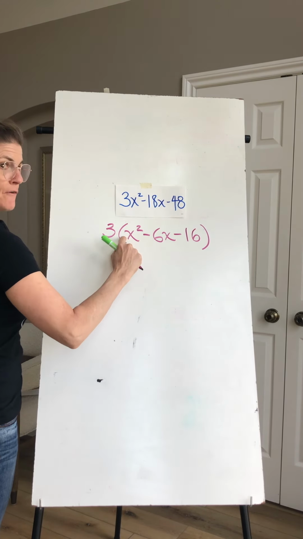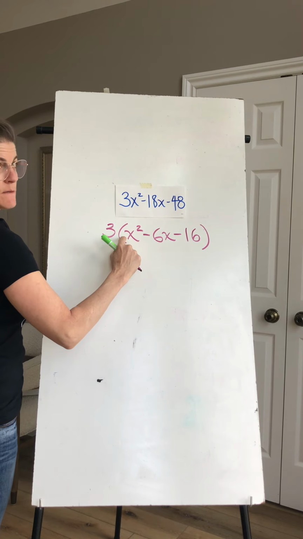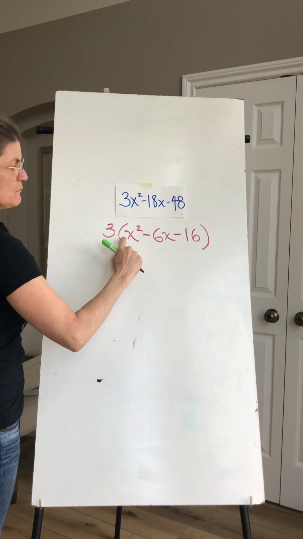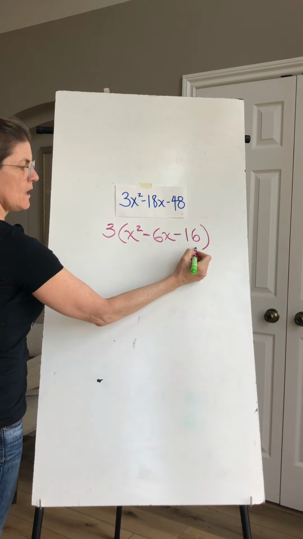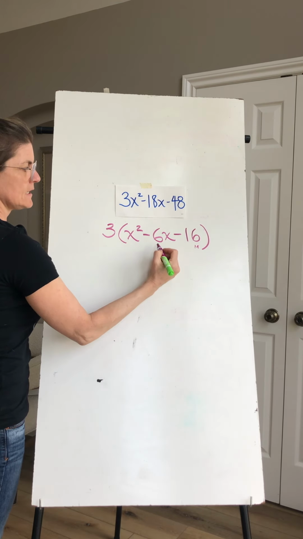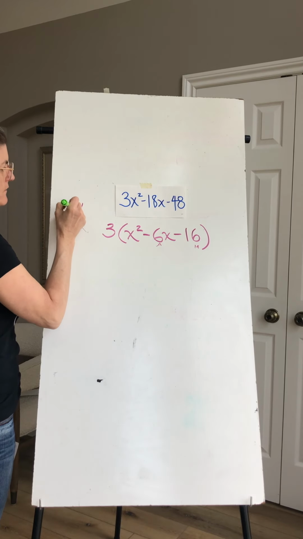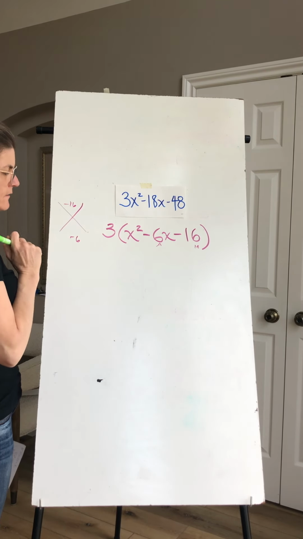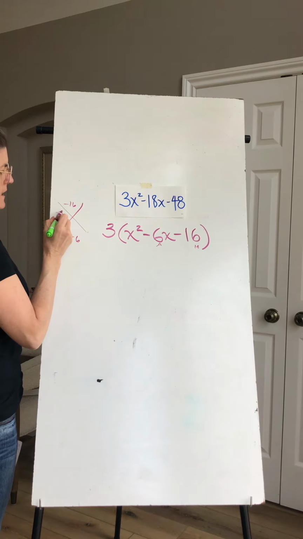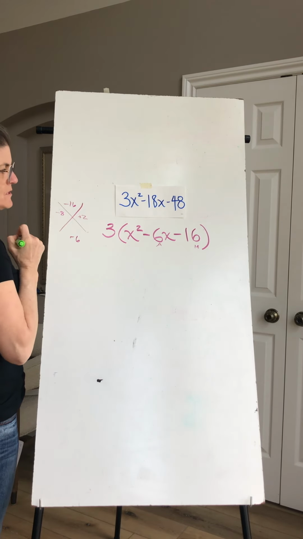There's no number in the front now, so it's a simple trinomial. So you want to think of 2 numbers that multiply to negative 16 and add to negative 6. Hopefully you're going to come up with a negative 8 and positive 2.